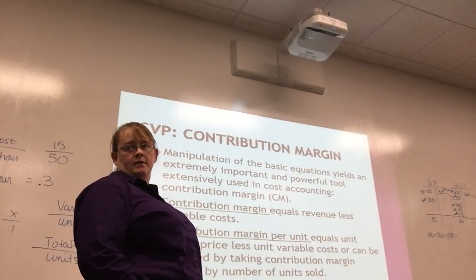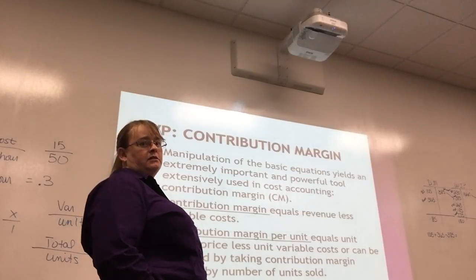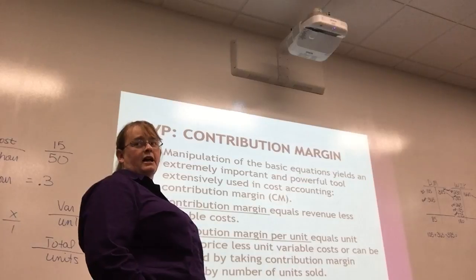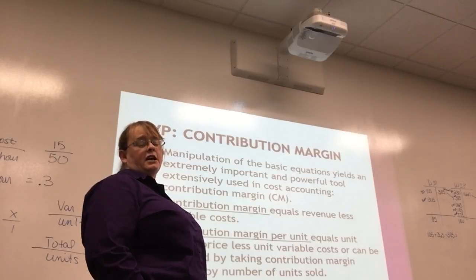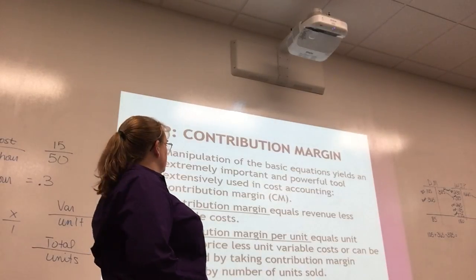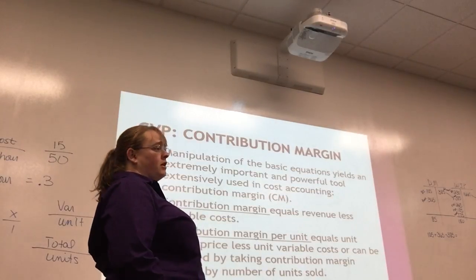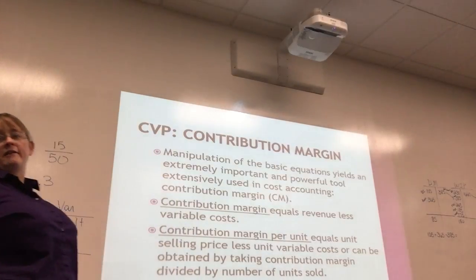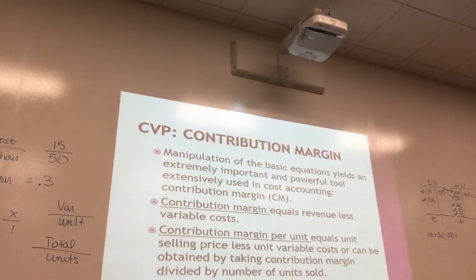So with contribution, we're going to be talking about above the line and below the line. In a contribution margin, everything above the line is contribution, and it's going to be your sales minus your variable cost. And everything else is going to be below the line.